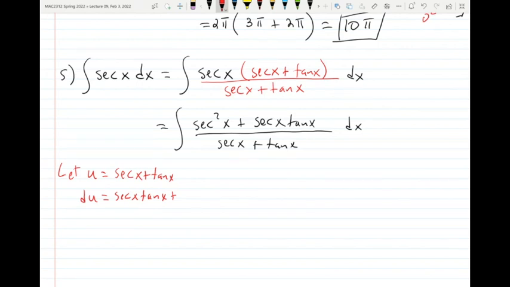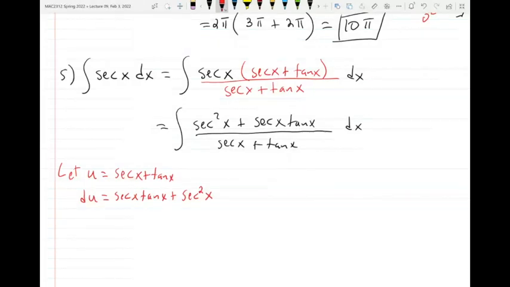Secant squared. Good. So now take a peek at the numerator. What do we have in the numerator? That's exactly the derivative, right? So what happens when you're doing an integral and the numerator is exactly the derivative of the bottom? What's the answer for this integral?